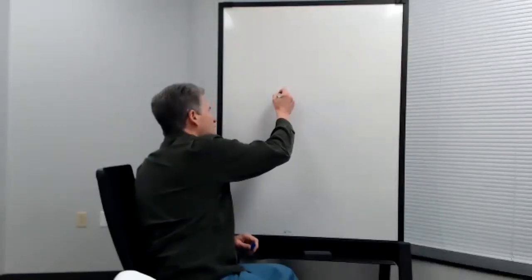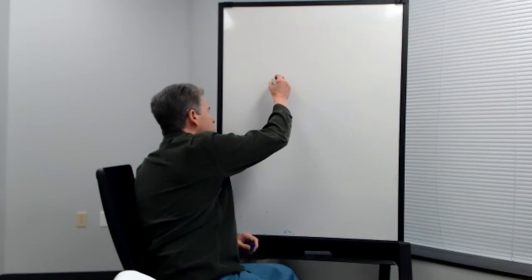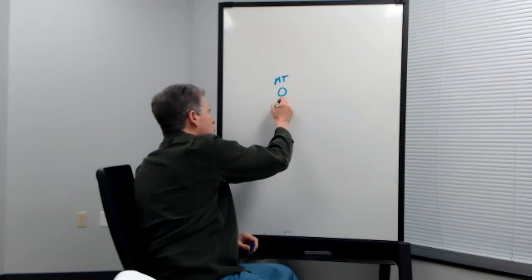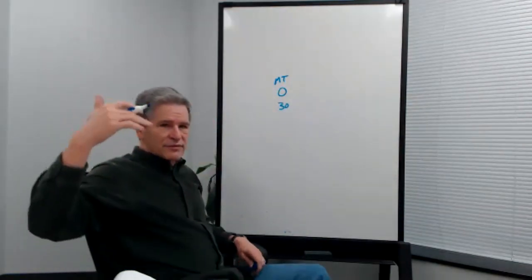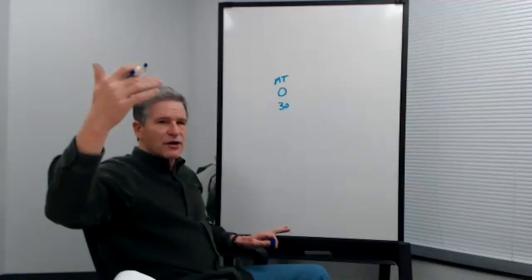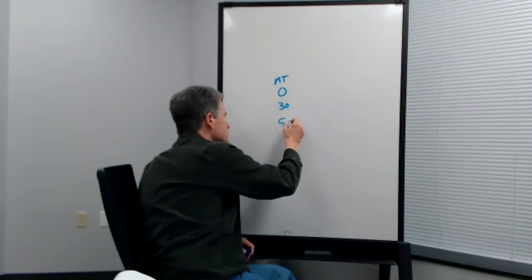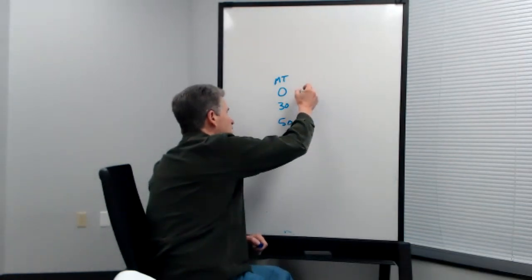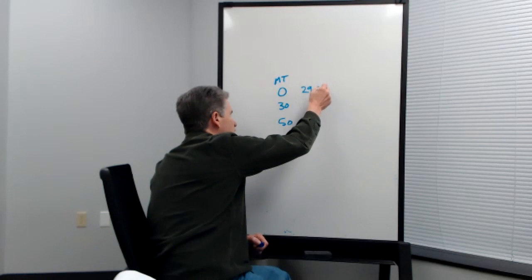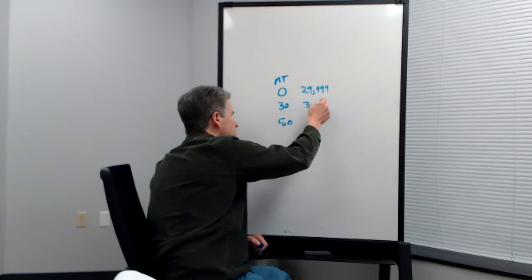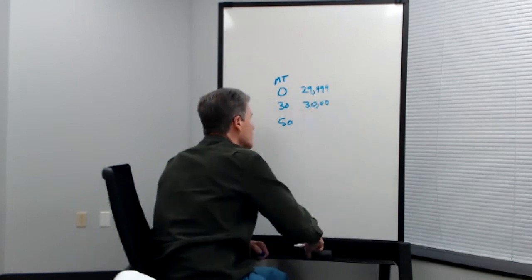So let's just say you have the marginal tax rate. It starts out at 0, and Professor Muir just did a one-step at some place where you're going to go to a 50% tax rate. Well, let's do 2 steps. Let's say that you're at 0 all the way up to $29,999.